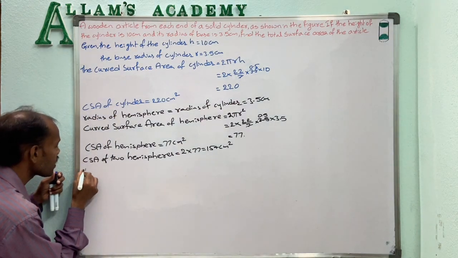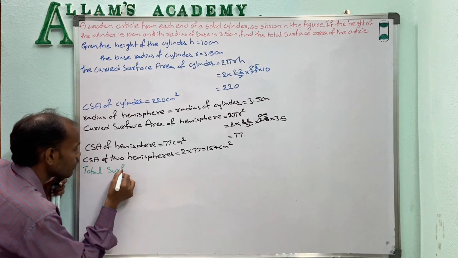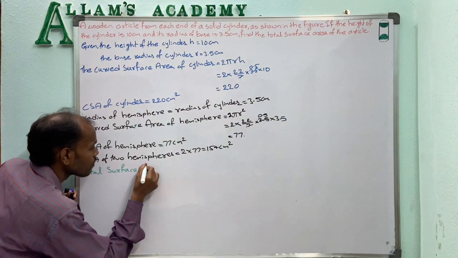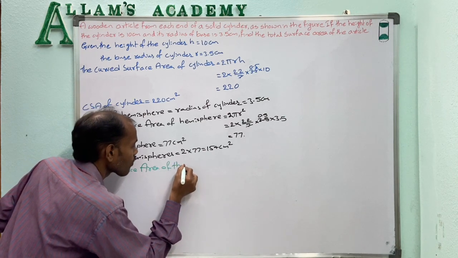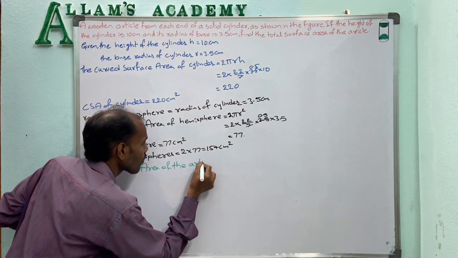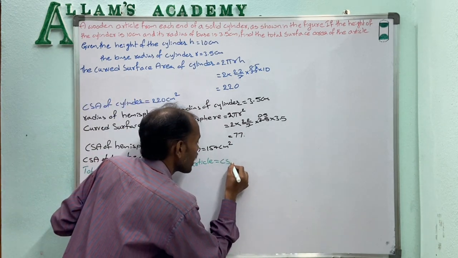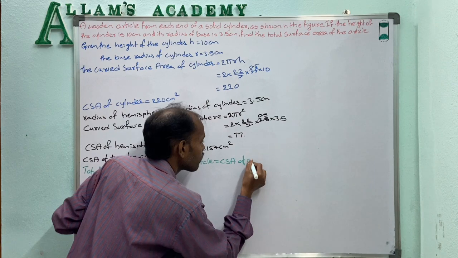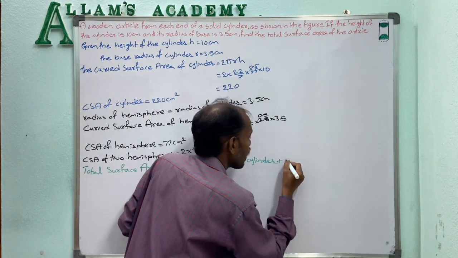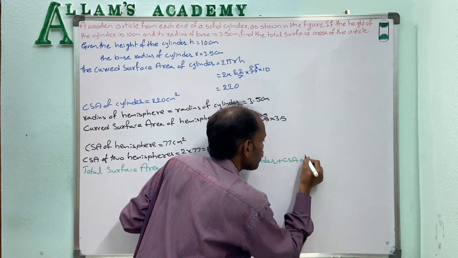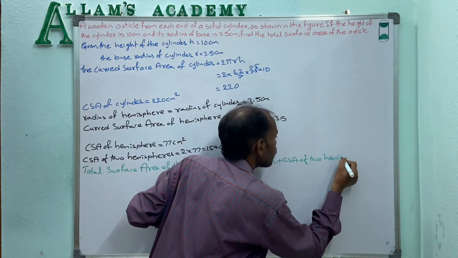So total surface area of the article equals curved surface area of the cylinder plus curved surface area of two hemispheres.